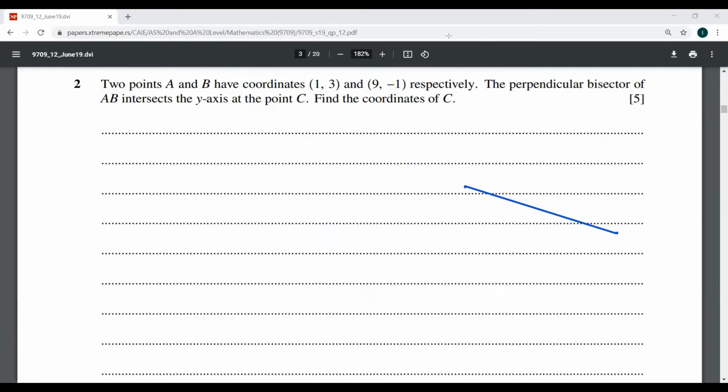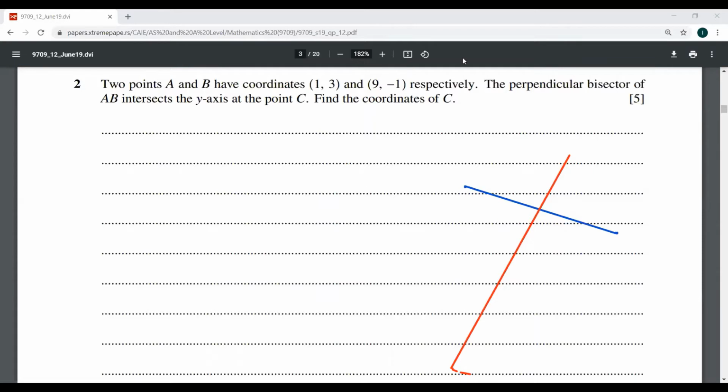You're not allowed to draw them exactly here, okay? So this looks like the perpendicular bisector of this AB. It says it intersects with the y-axis at the point C.